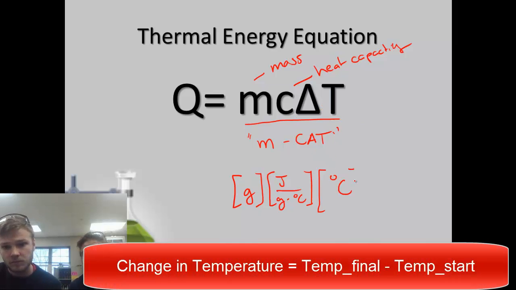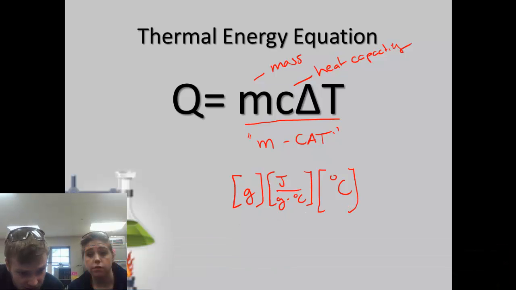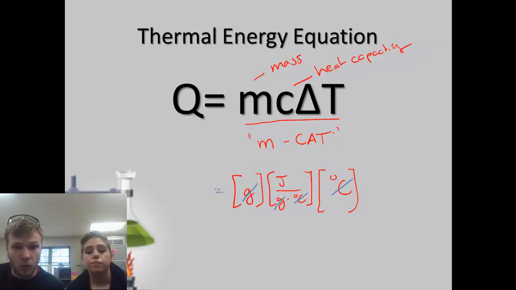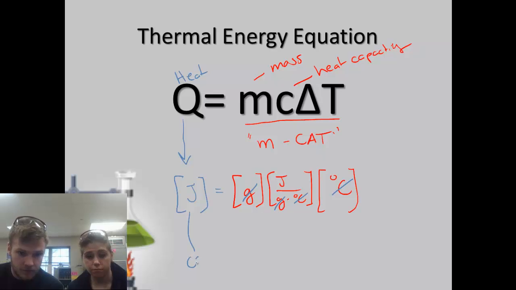Grams cancel with grams, and degrees Celsius cancel with degrees Celsius, so Q, which is heat, has units of joules or calories.